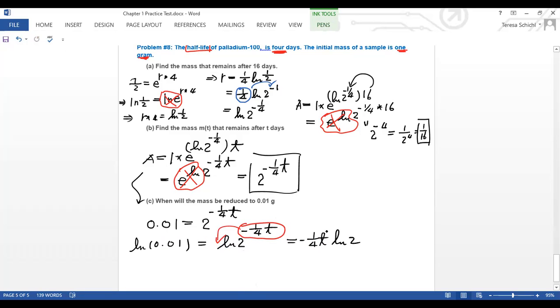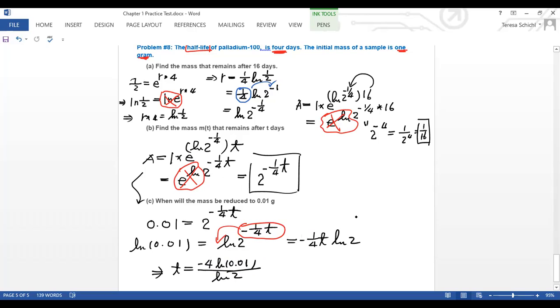Then you can plug in the values of the natural log of 2 and the natural log of 0.01. So t is equal to what? So t here is going to be equal to negative 4 times the natural log of 0.01, over the natural log of 2. Get that?